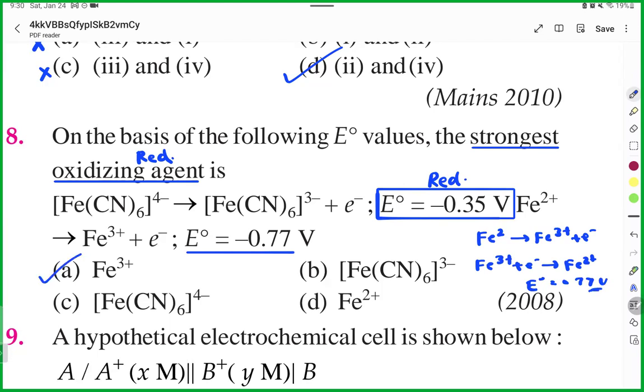What you have in the question is oxidation. If you want to convert into reduction, it will become ulta. Plus.